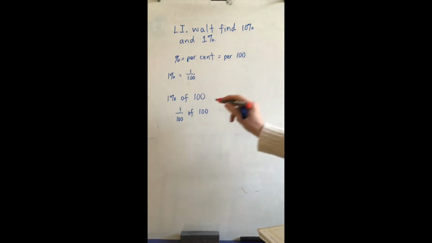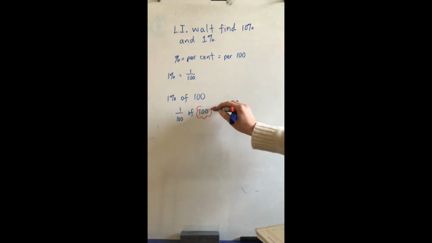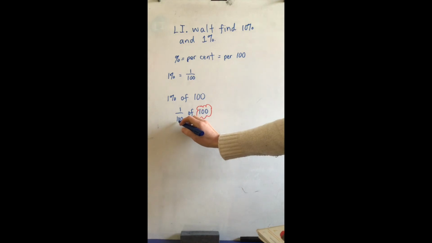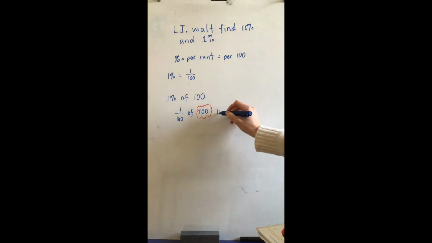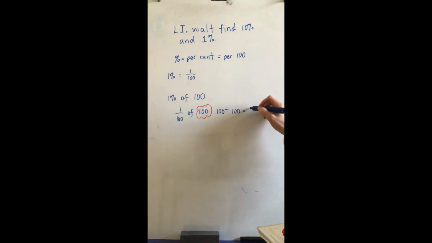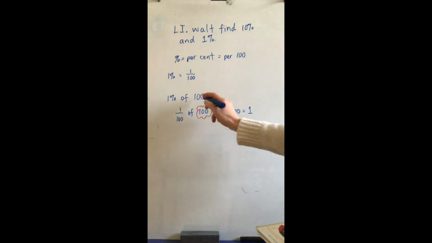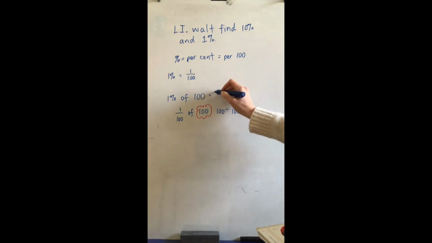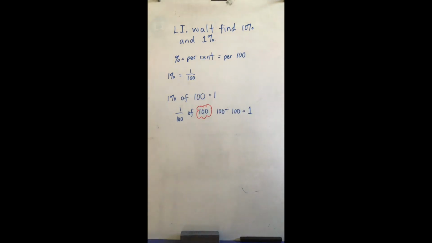Say we have 100 pieces of chocolate and I have to split it among 100 people. I would do 100 divided by 100, and that would equal 1. So 1% of 100 is also equal to 1.